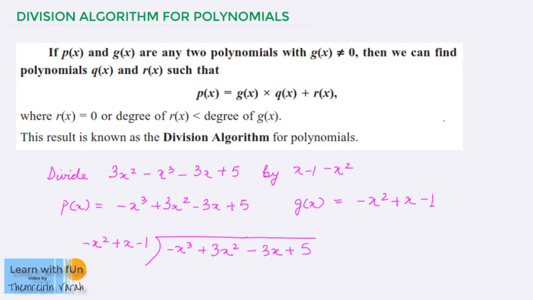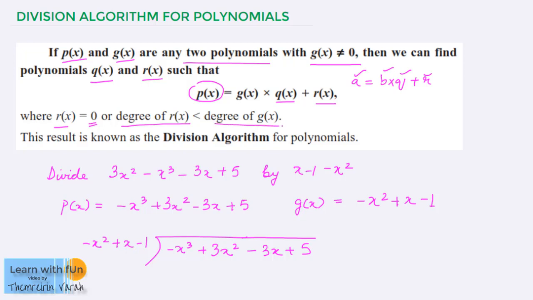It gives the key steps when we divide one polynomial by another polynomial. Firstly, the statement says that if p x and g x are any two polynomials with g x not equal to 0, then we can find polynomials q x and r x such that p x equals g x into q x plus r x. Just like Euclid's division lemma, a equals b into q plus r, which we used for numbers, here it is for polynomials. The condition is that r x is 0 or the degree of r x is less than the degree of g x. This is the division algorithm for polynomials.